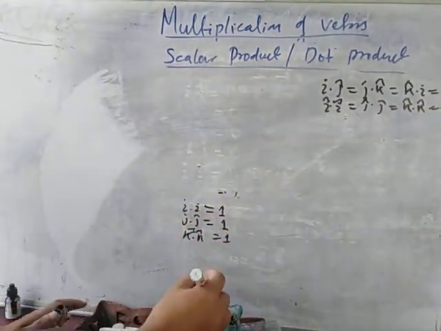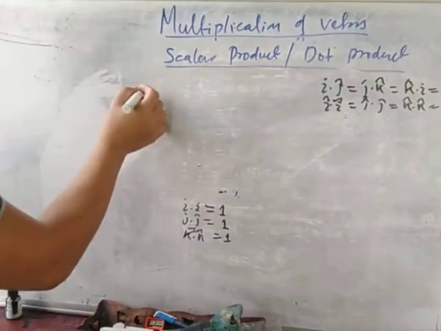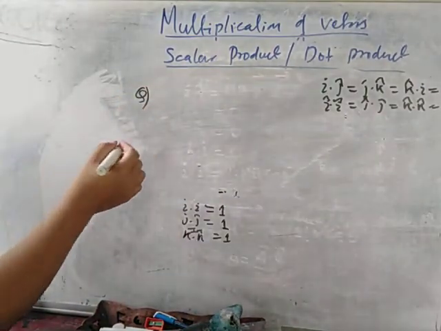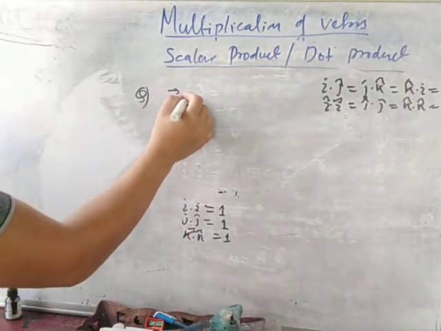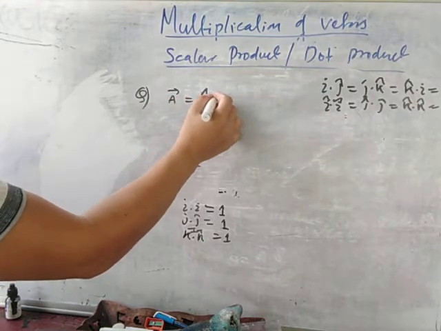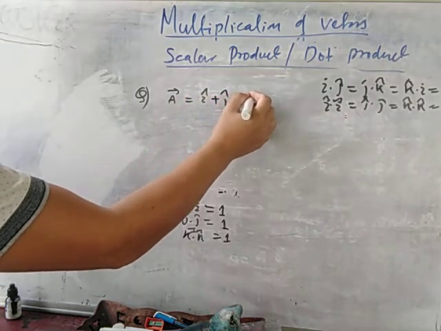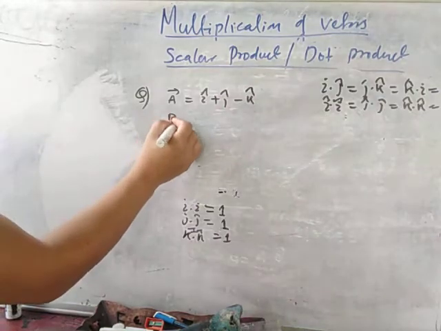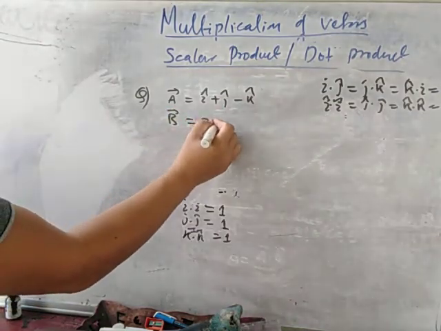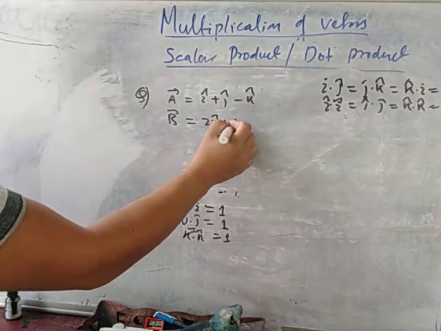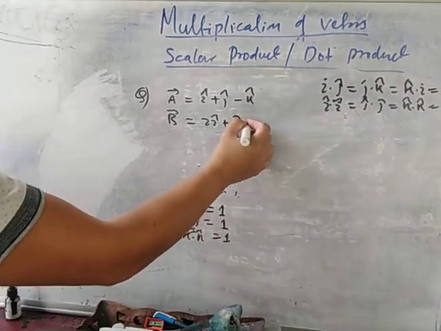Okay, so a question comes like this: find the scalar product of vector A, i cap plus j cap minus k cap, and vector B equals 2i plus j plus k cap.